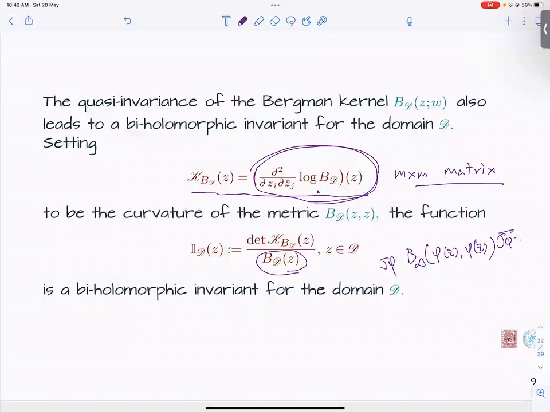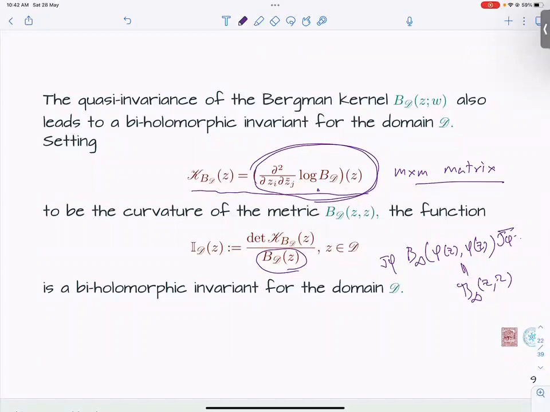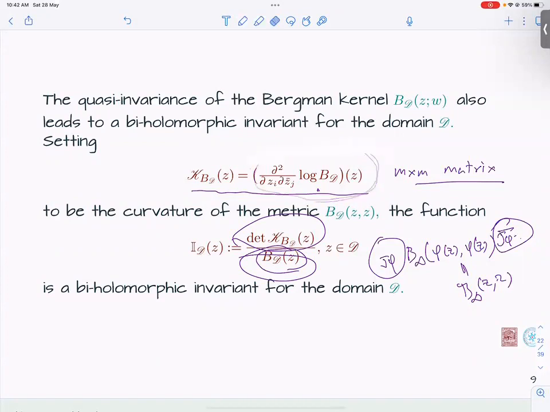Only then this will become K_D(z, z). What I want to do is to say that if my K was such that when I take the determinant, that also transforms according to the same J_phi and J_phi bar, what will happen is the J_phi and J_phi bar from the numerator and J_phi and J_phi bar from the denominator will cancel out. And consequently, this will become an invariant. That is the whole idea.